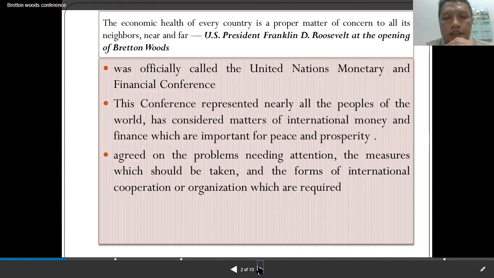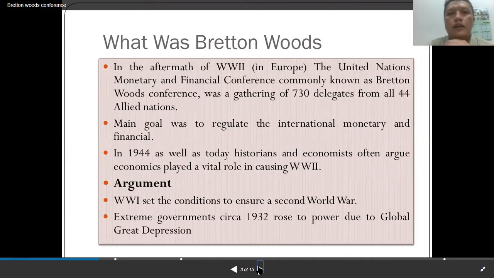So this conference was held just a few days or few months prior to the end of World War II. The understanding is that conflicts were created due to World War One conditions and also how governments responded to the Great Depression of 1930. They focused more on their national interests, creating very extreme mercantilist policies in their economies that brought competition, similar to what we see nowadays in terms of trade war.